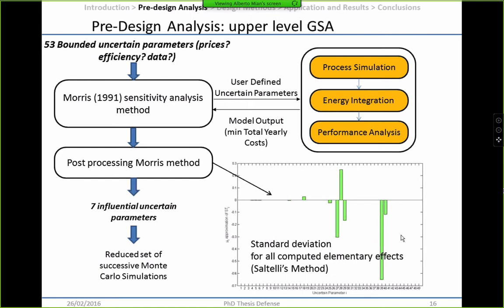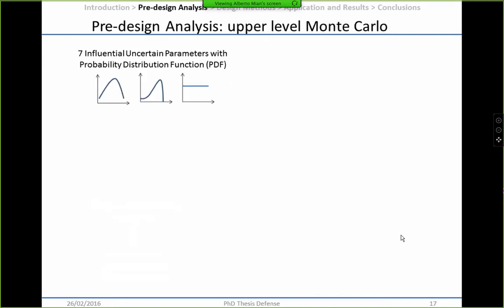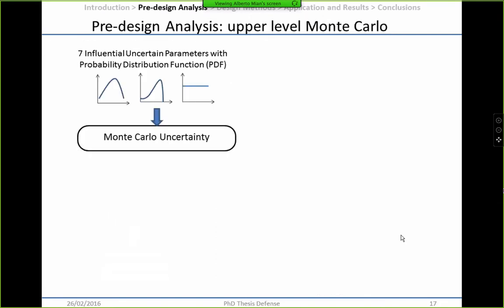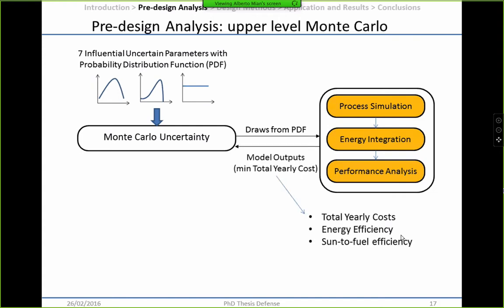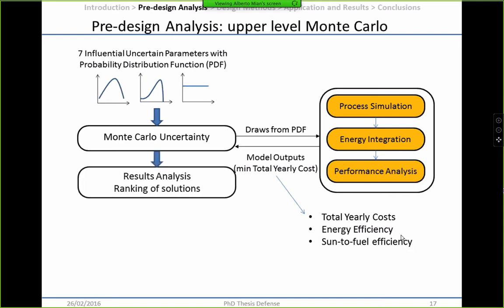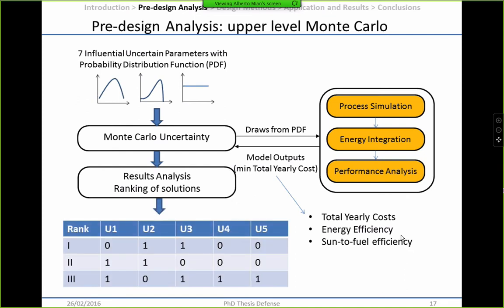By reducing the number of uncertain parameters almost 10 times, this reduces the successive Monte Carlo simulation. In the second step, I applied the Monte Carlo uncertainty analysis. Given the probability distribution function of only the 7 uncertain parameters, I ran the optimization problem at lower level, and thanks to this, it was possible to collect and rank a set of solutions.